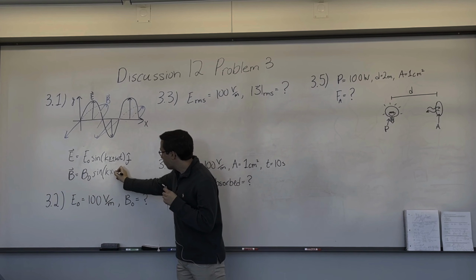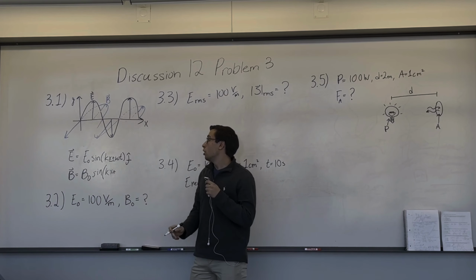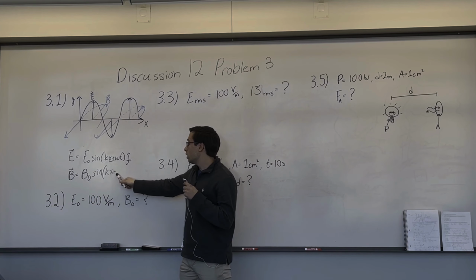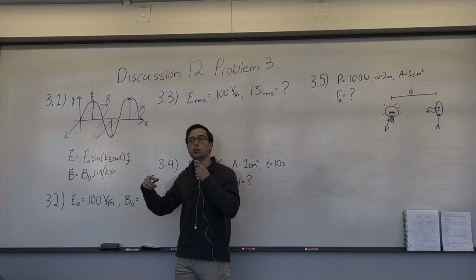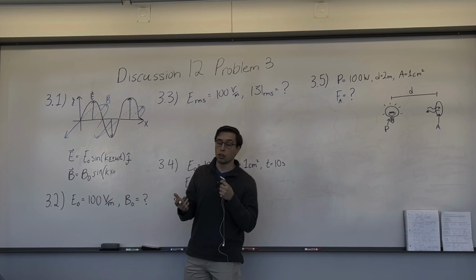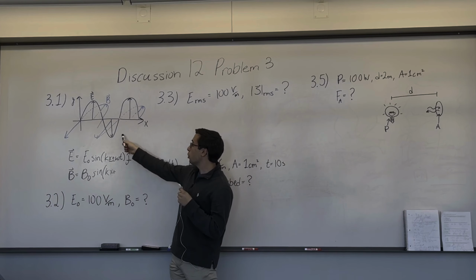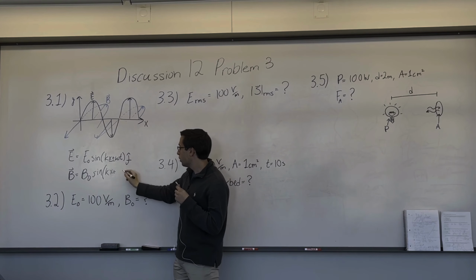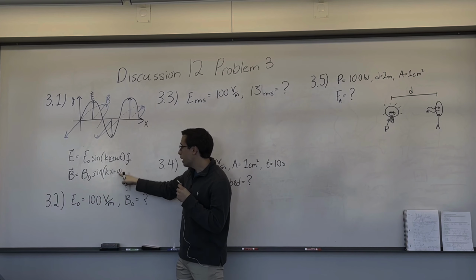Okay, next is the plus sign. That's a similar idea in that not only do the two fields have to move along the same axis, but also in the same direction along that axis. So in this case, both fields are going to move to the left as time increases. Okay, omega.